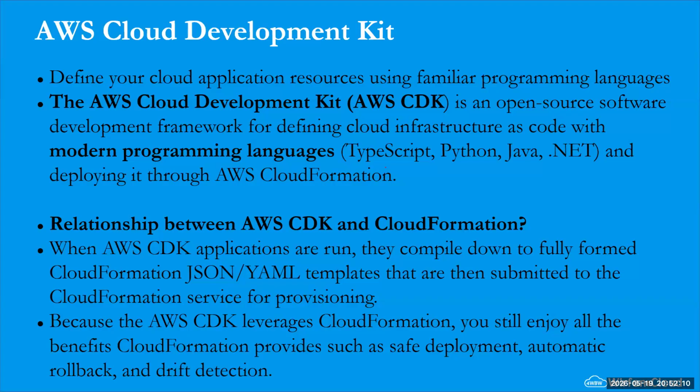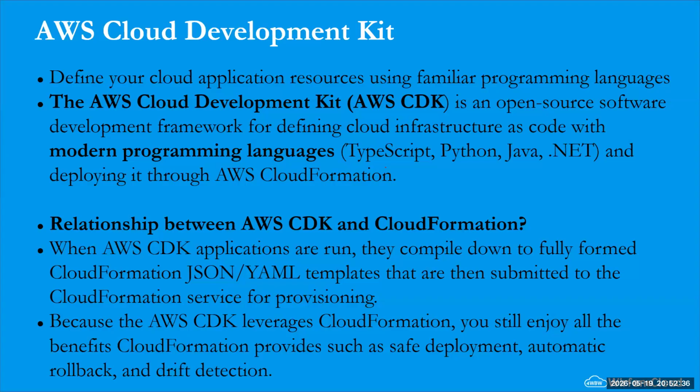When you write it and give it to AWS Development Kit, it will take it and in the background form a CloudFormation template. So you write it in Python, Cloud Development Kit will take all of that and convert it to a CloudFormation template, and then with that, it will provision your resource.